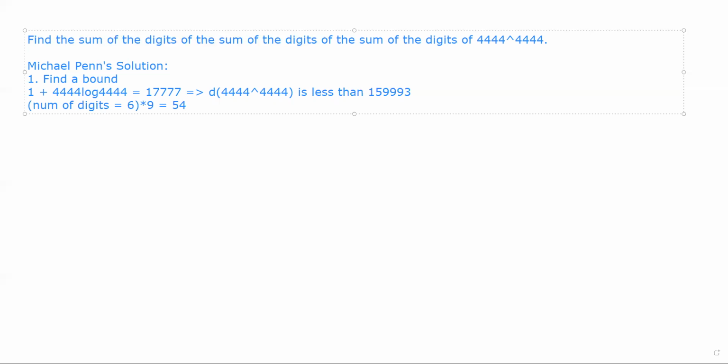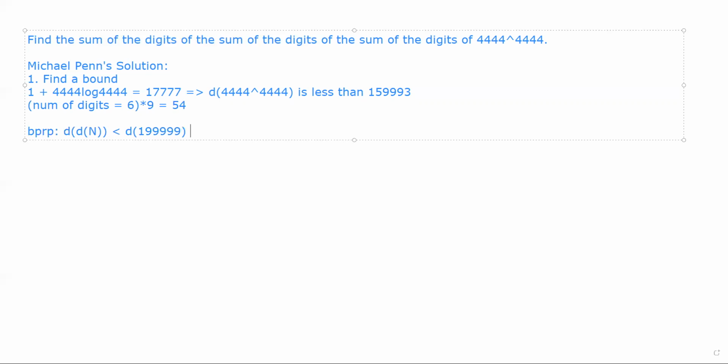Now, black pen, red pen said that this wouldn't give you an appropriate bound. I remember BPRP did it like d of, I'm going to write n for 4444 to the power of 4444 because I don't want to keep writing it, d of n is less than d of 1999999.